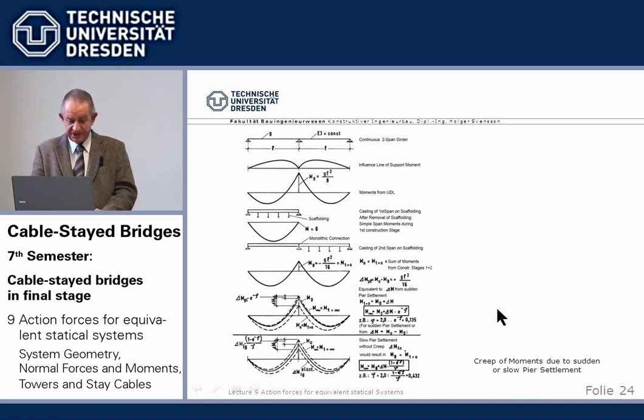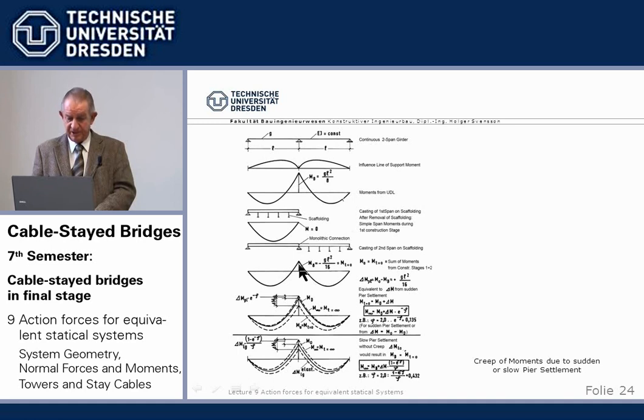Now, shrinkage and creep is a little tricky. I'll go through it fast because otherwise it's 2 or 3 lectures, but I'm hopeful you have all learned that in concrete structures. If we have a 2-span girder, then, and if we calculate the moment there as a statically indeterminate system, then that's QL squared over 8.